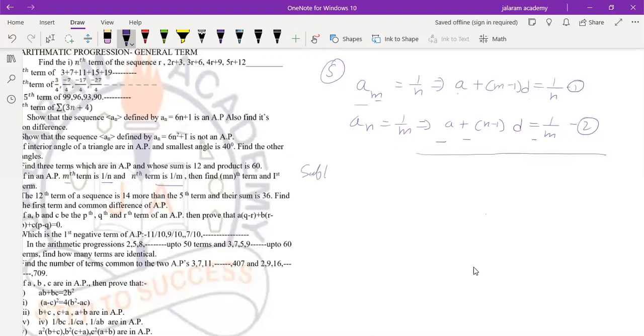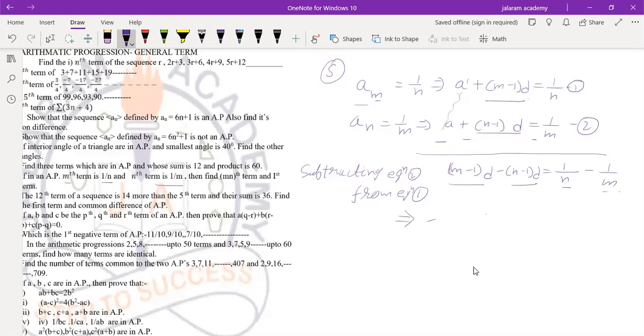So subtracting equation 2 from equation 1, what do we get? A cancelled out. M minus 1 into d minus n minus 1 into d equals 1 by n minus 1 by m.